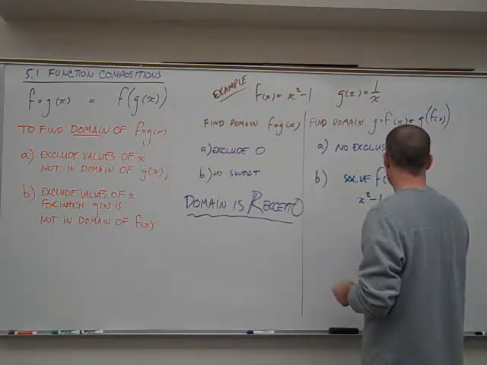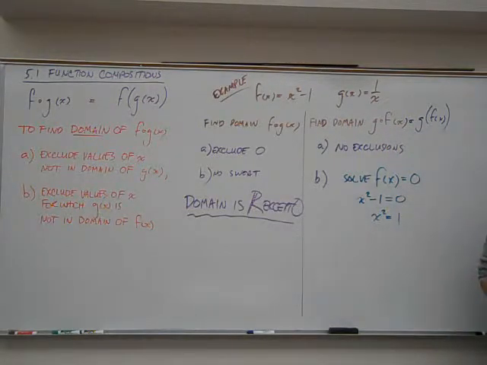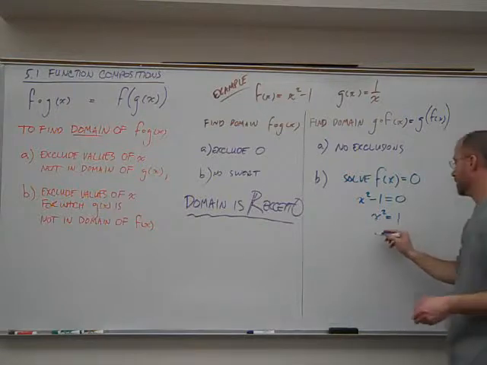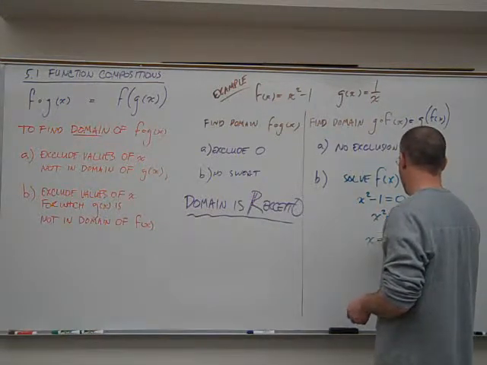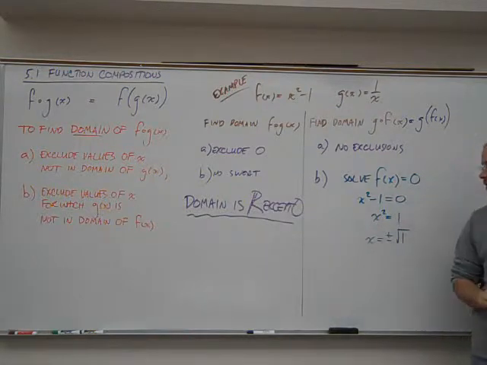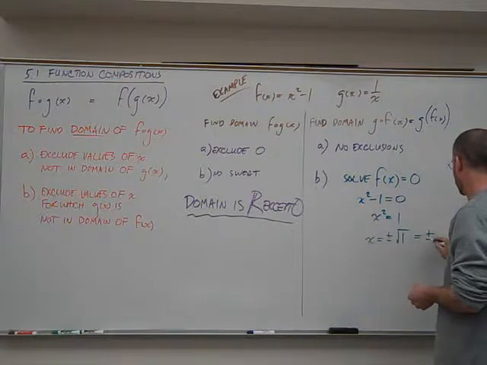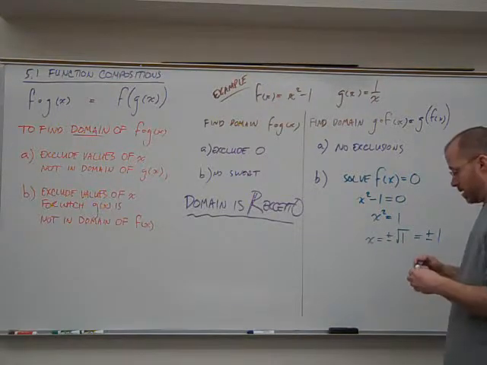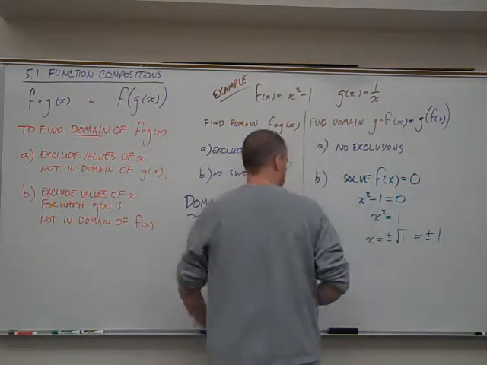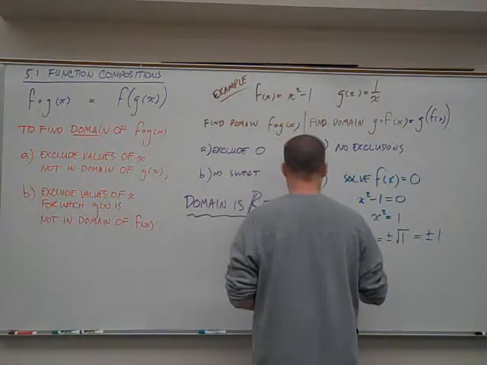So let's see, I guess I can do this by a square root method. If I isolate x squared equals 1, then x is, careful now, one of the square roots of 1. Could be either positive or negative 1. So the domain of the composition here, can you see this coming?